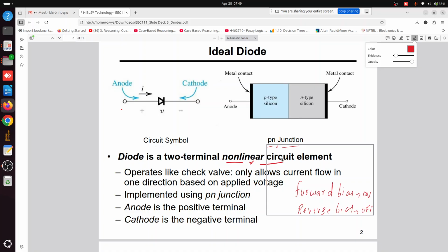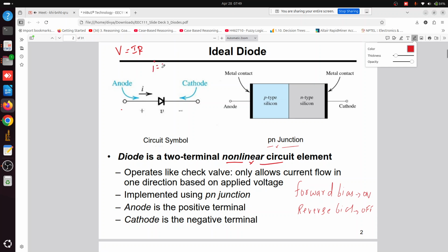Actually, linear devices mean their behavior should be the same, like when V is equal to IR, right? But in one case, in reverse bias, it behaves like I equal to 0.